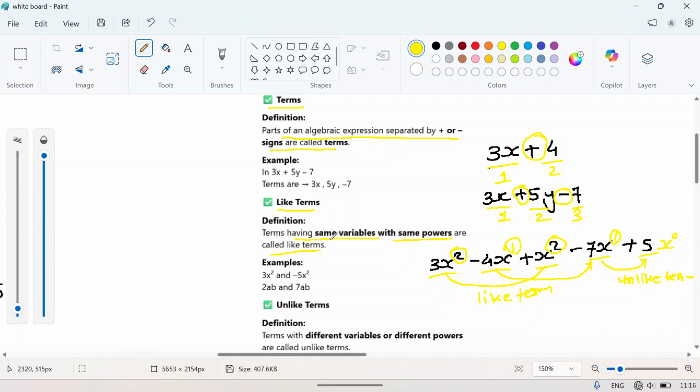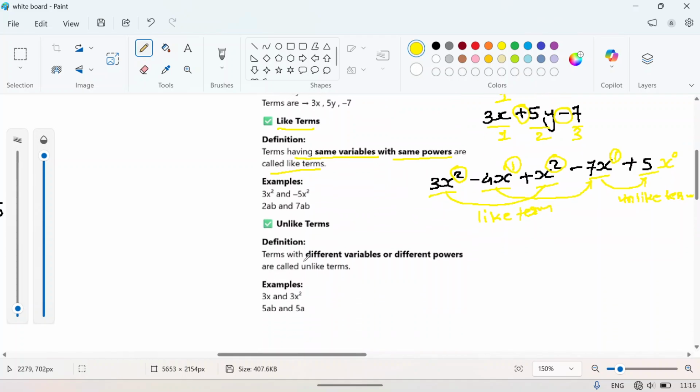It means that the terms having the same variable with the same power or exponents are called like terms, or the terms with different variable or different power are called unlike terms. Unlike terms also have another form. If the expression is 3x squared plus 4x minus 5, in this expression the exponents are different, 2 and 1.